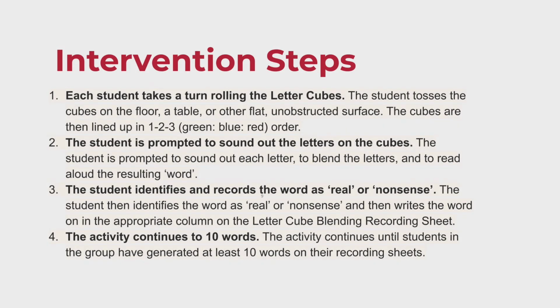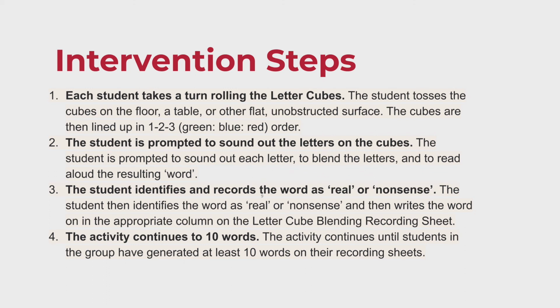1. Each student will take turns rolling the letter cubes, or if you're only working with one student, they will be rolling the letter cubes each time. The student will toss the cubes on the floor, a table, or other flat surface, and the cubes are then lined up in order, 1, 2, and 3, or cubes by color, green, blue, and red. 2. The student will be prompted to sound out the letters on the cubes. The student will say each letter and then blend the letters to read the word. 3.